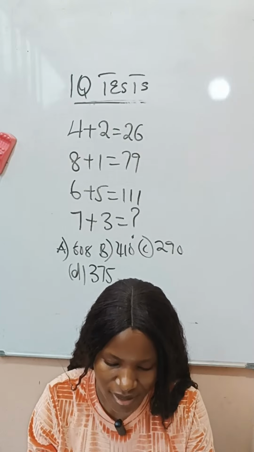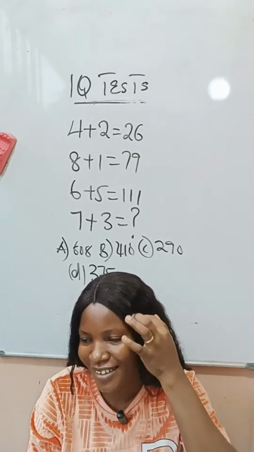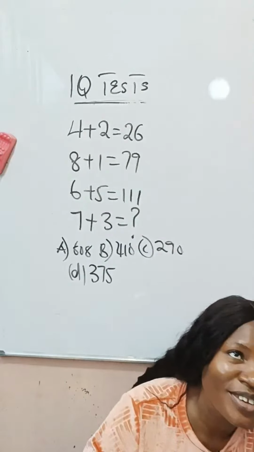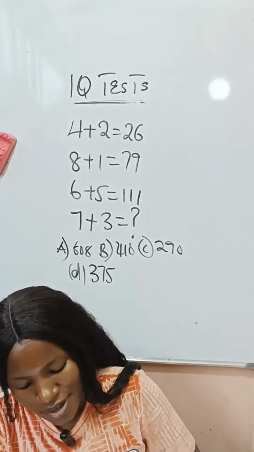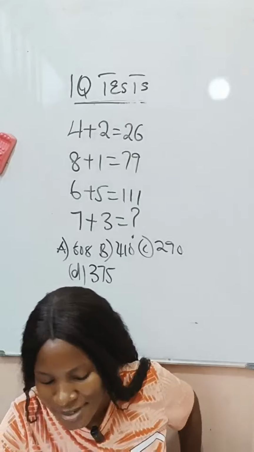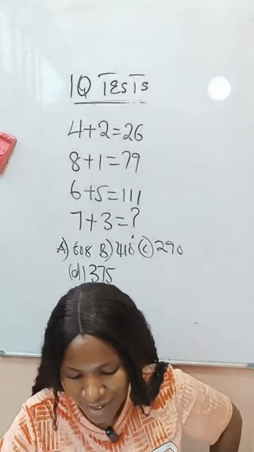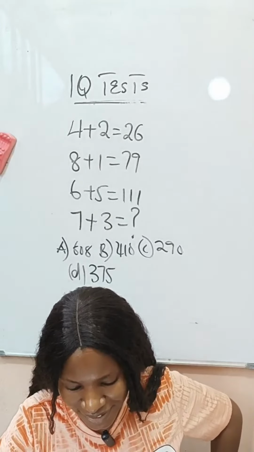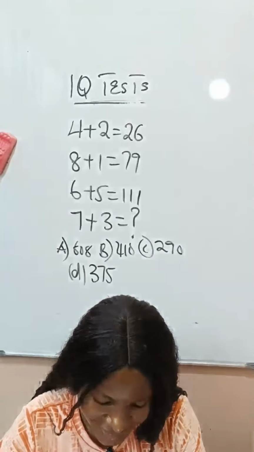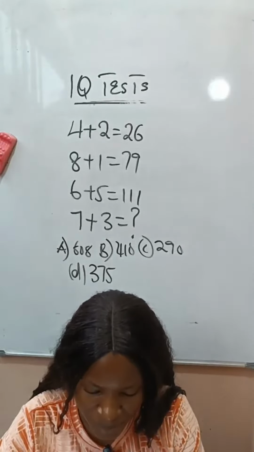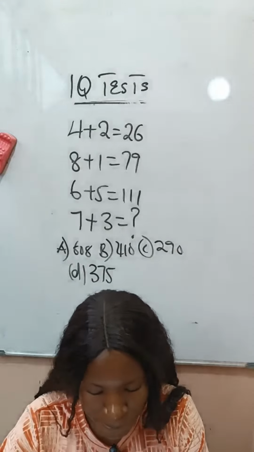So Vadon is saying the answer is B for sure. That means he is 101% sure that the answer is B. Okay, interesting. No problem.